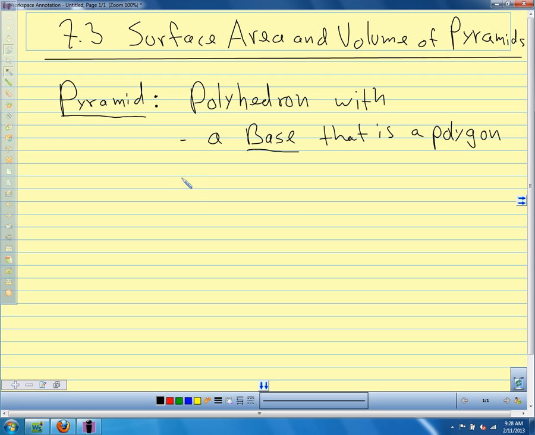So a base that is a polygon, and three or more sides, and the fancy word for sides is lateral faces, that are triangles.